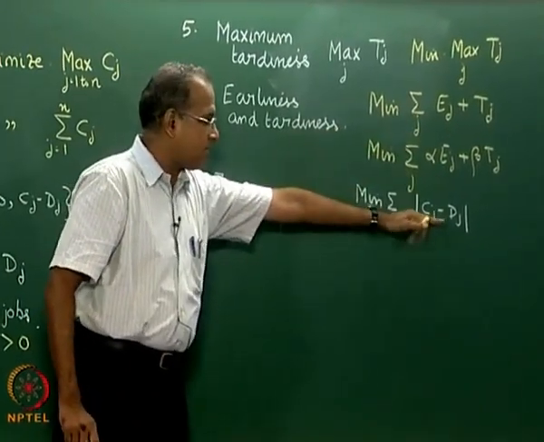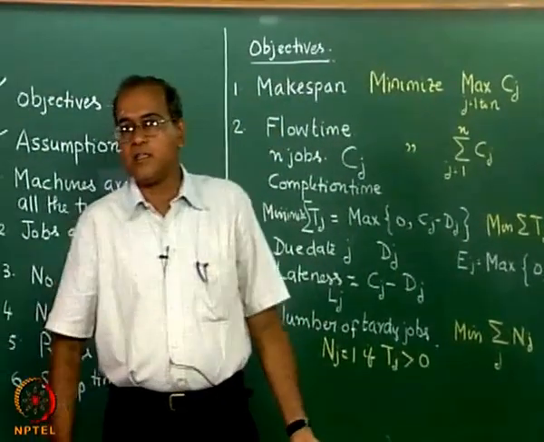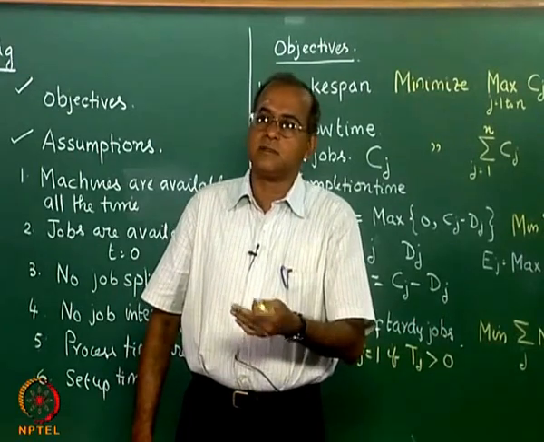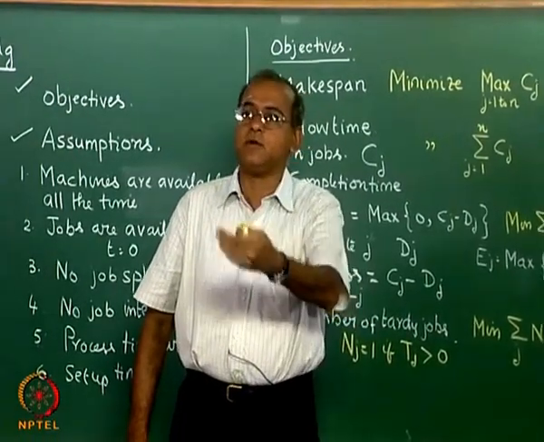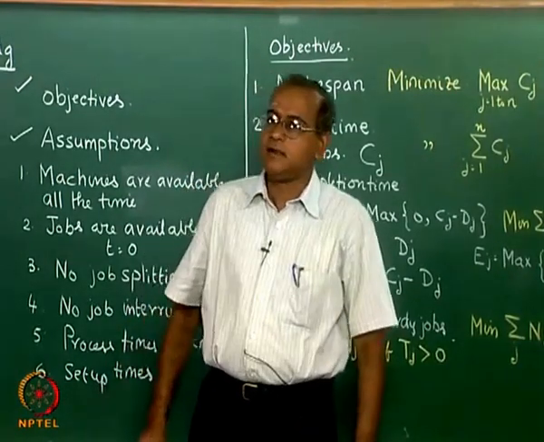So if there is a due date dj associated with job j, then the objective is to minimize the sum of the absolute difference between cj and dj.